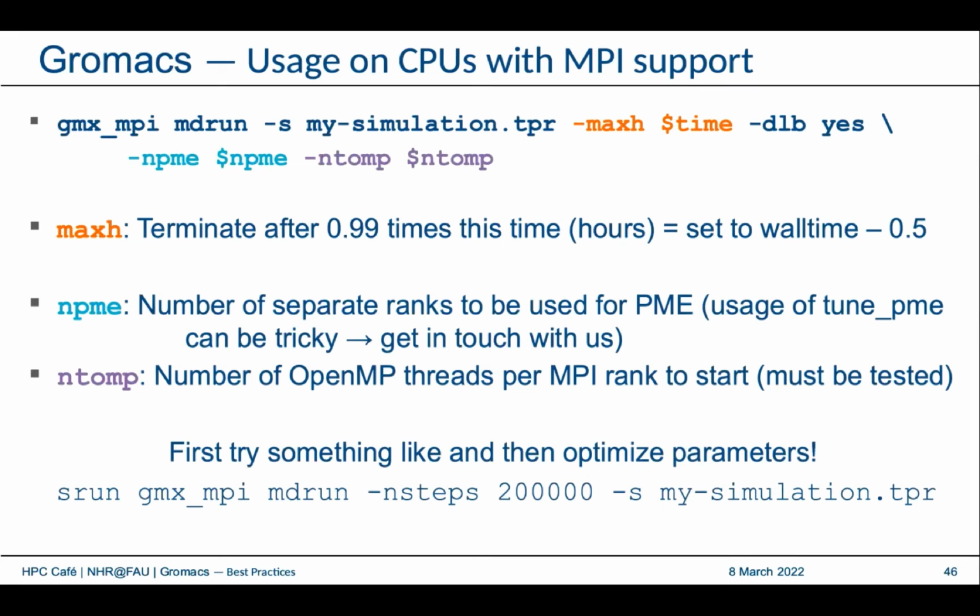So you have about half an hour for copying and ending your simulation. For the CPUs, we recommend you first try the line below and then optimize your parameters. But again, just contact us for benchmarking.